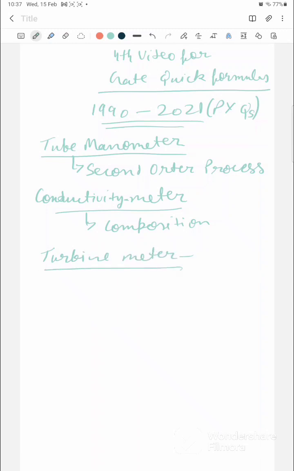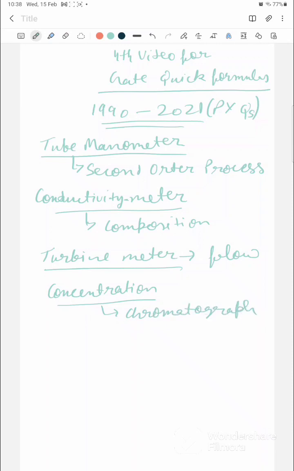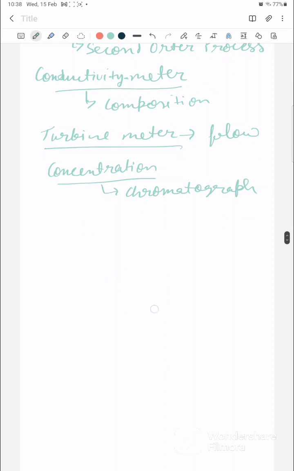Turbine meter is used to determine the flow. Concentration we can calculate through chromatograph.